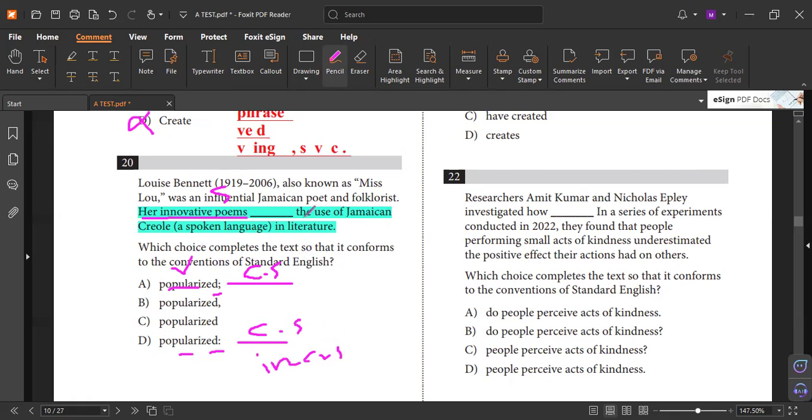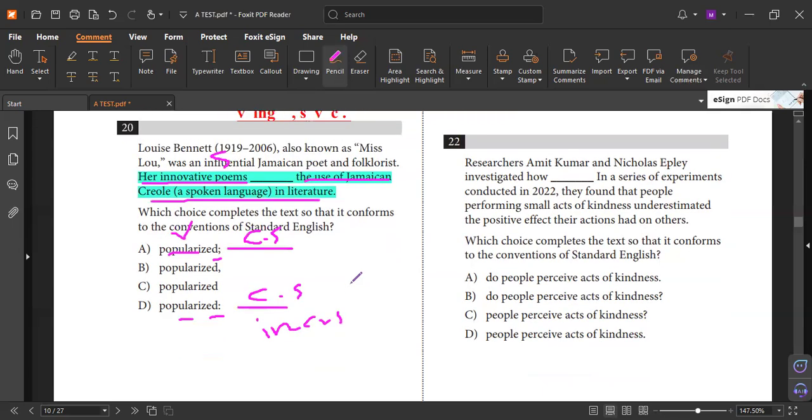Now check, is this part a sentence or a fragment? I told you, to know the sentence from the fragment, delete the phrases, delete the clauses, delete the non-essential information, and then check the rest of the sentence. Let's try. Of Jamaican, prepositional phrase, delete.